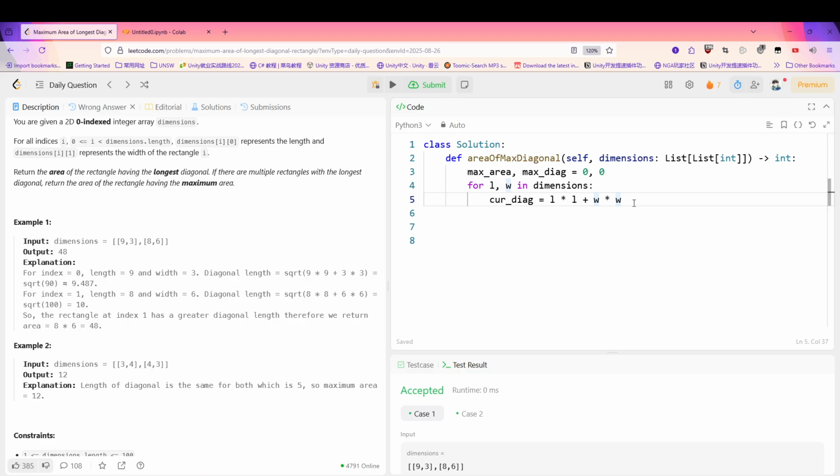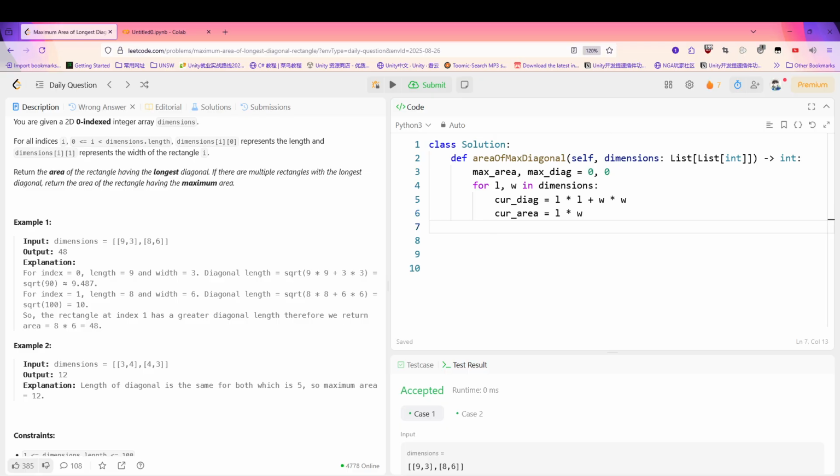So the current diagonal is this one, and the current area is what? Easy, length times width, right? And we're going to write: if the current diagonal is greater than the max diagonal.